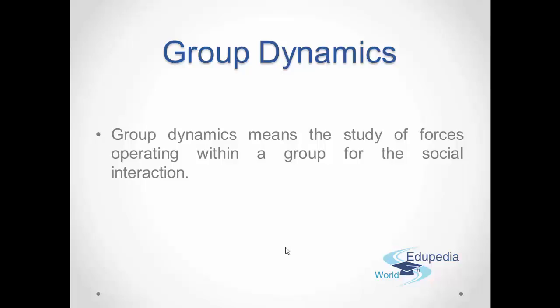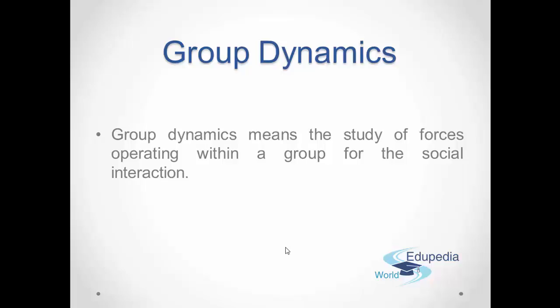Group dynamics helps you understand how each person's actions make sense in the context of the group. The term group dynamics describes the way in which people in a group interact with one another. Group dynamics deals with the attitudes and behavioral patterns of a group.